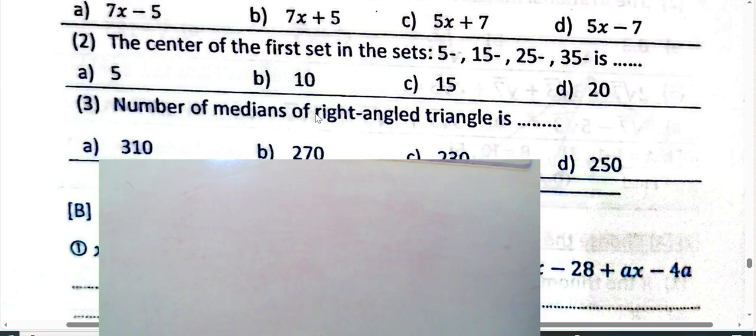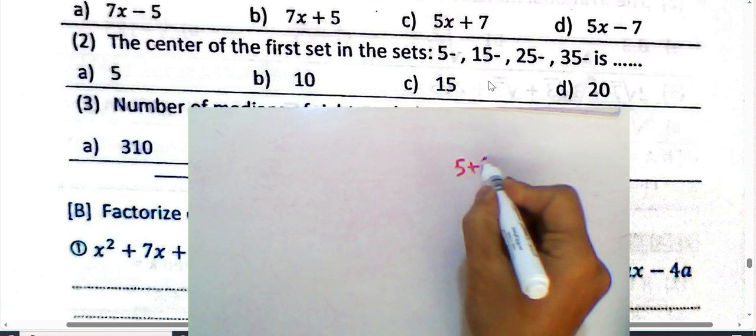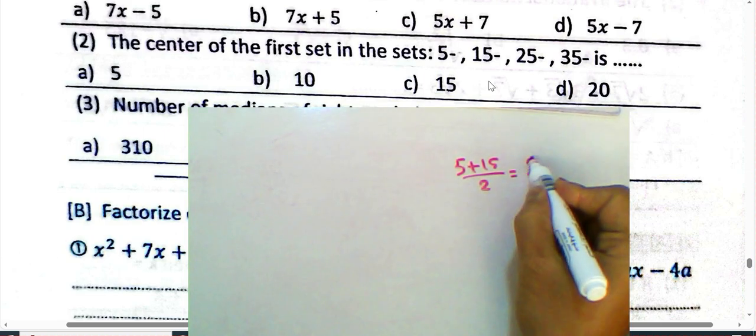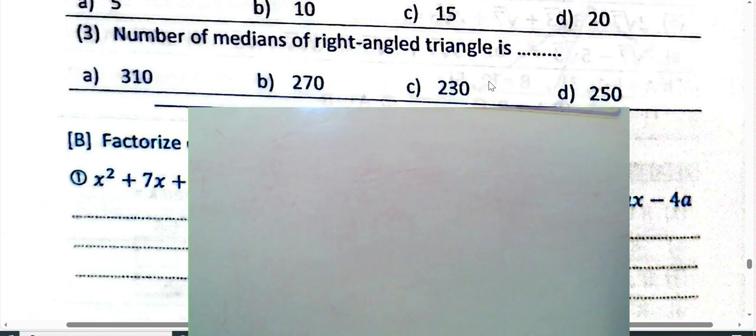Next question is the center. The first set here starts from 5 to 15. You can add 5 and 15 and divide by 2. 20 divided by 2 equals 10. Then the center will be 10. Number of medians of a right angle triangle: 3.